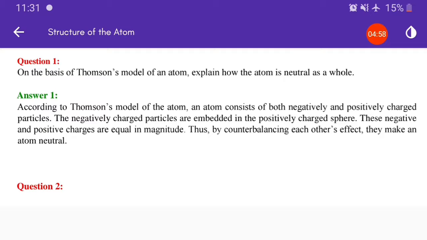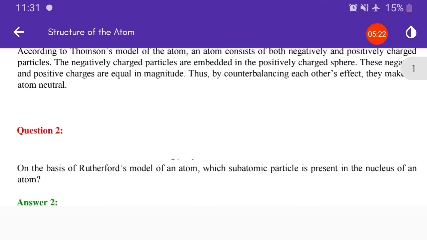The negatively charged particles are embedded in the positively charged sphere. These negative and positive charges are equal in magnitude. Thus, by counterbalancing each other's effect, they make the atom neutral.